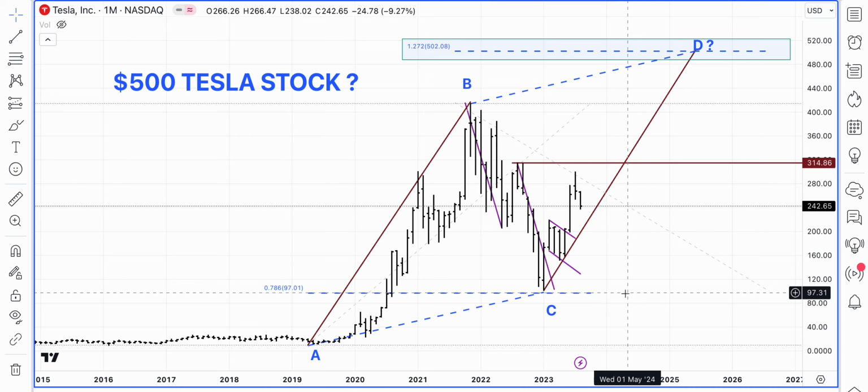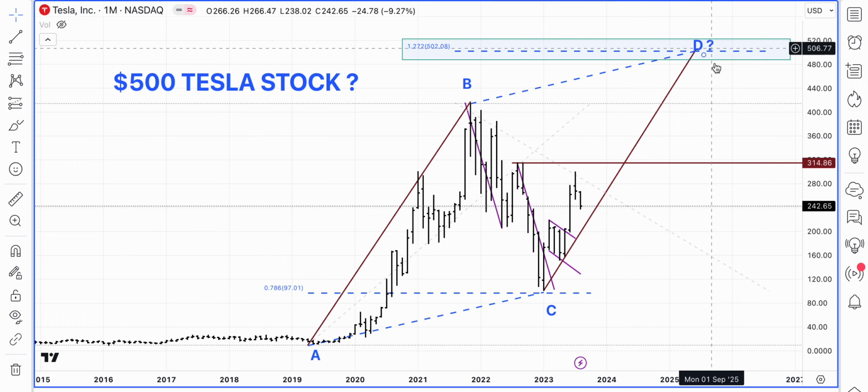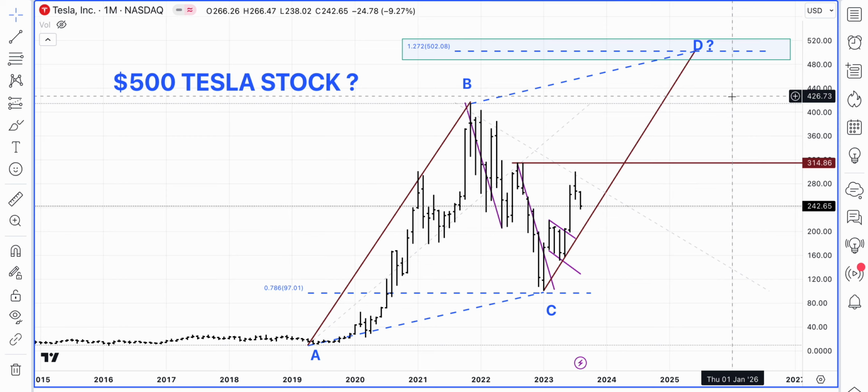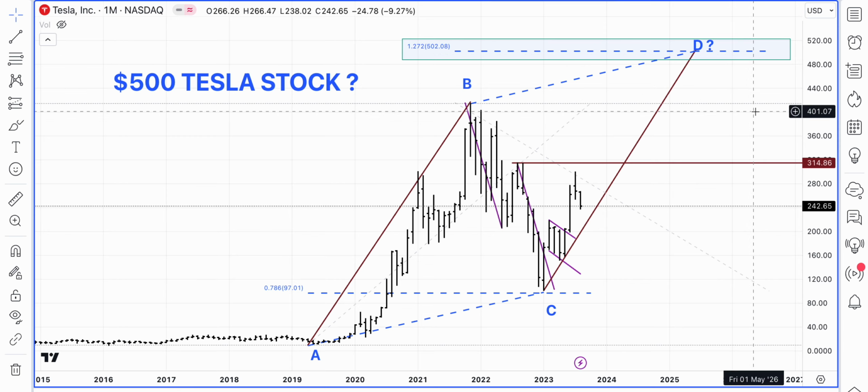This point, roughly around $100 per share level, which is a point C, as long as it holds as a support level, then our belief is that we are in ABCD 1-to-1 projection higher, and that in fact could take the stock higher, even up to $500 per share level.